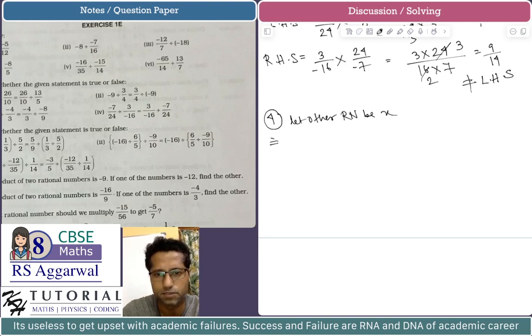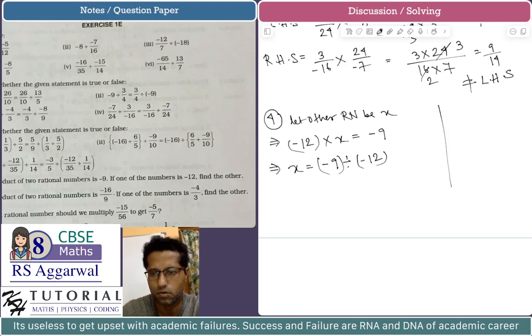From what is given, the product of two rational numbers is minus 9, and one of the numbers is minus 12, so minus 12 into x is equal to minus 9. So this implies x equals minus 9 divided by minus 12.